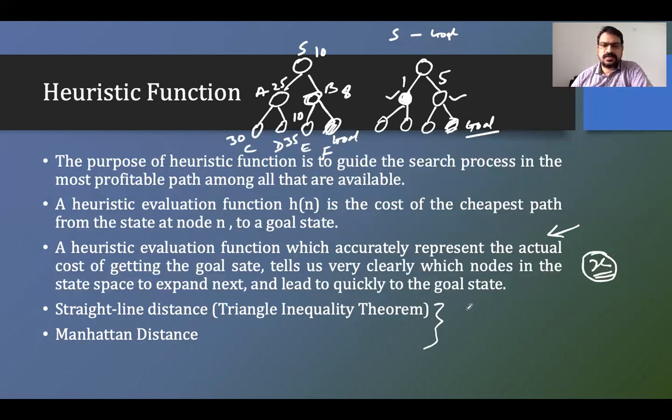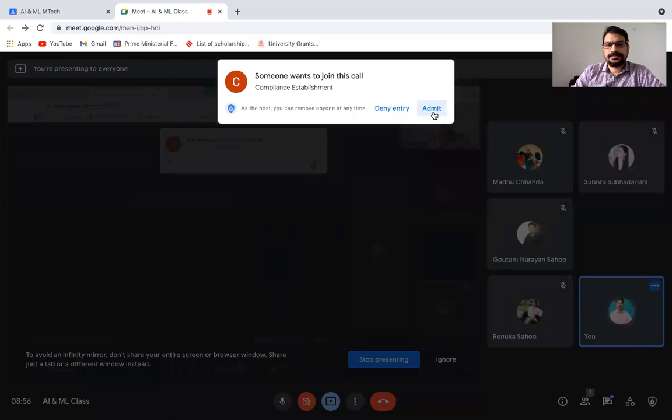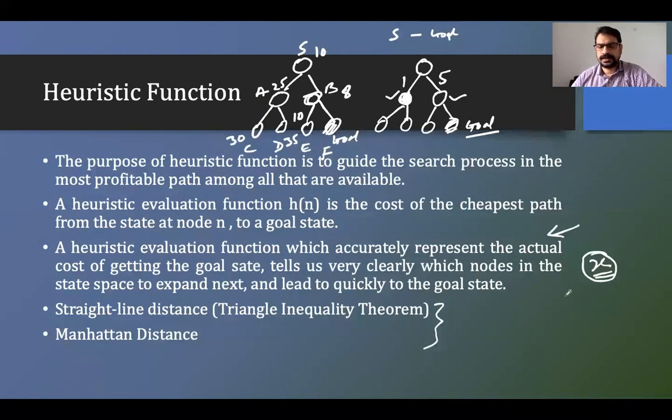For assumptions, we have many techniques which we can use. By using those techniques, we can apply some heuristic function on it, and we'll get some values. So the first method is called straight line.